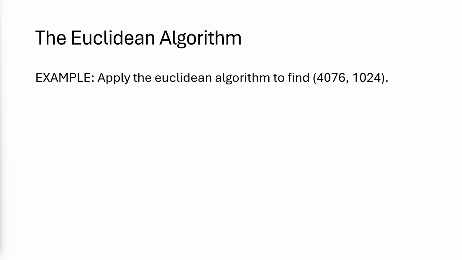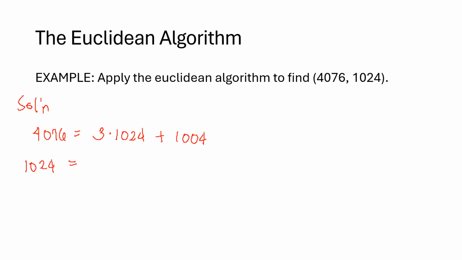So 4076 can be expressed as 3 times 1024 plus 1004, and then 1024 is equal to 1 times 1004 plus 20, and then 1004 is equal to 50 times 20 plus 4.